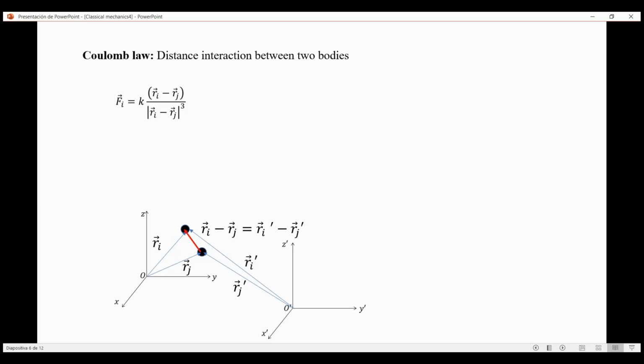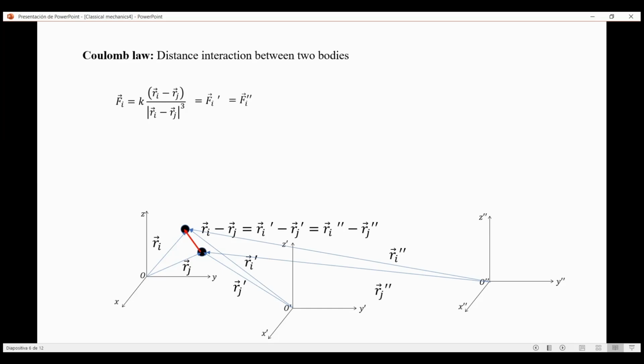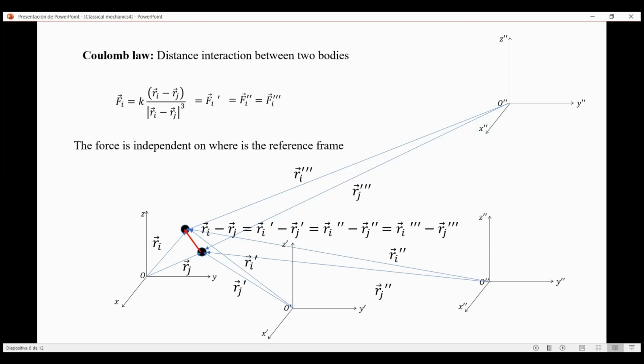The distance vector, therefore, would lead to the same force measured from both reference systems. Moreover, the vector connecting particle j and particle i remains the same no matter where we put the reference frame. Though this might be obvious from our common experience, the distance between two objects remains the same no matter where we look from. This is not always obvious and is not true in special relativity, for example. But for now, we just stay with the obvious in classical mechanics.